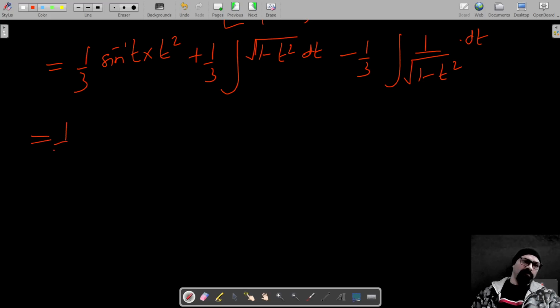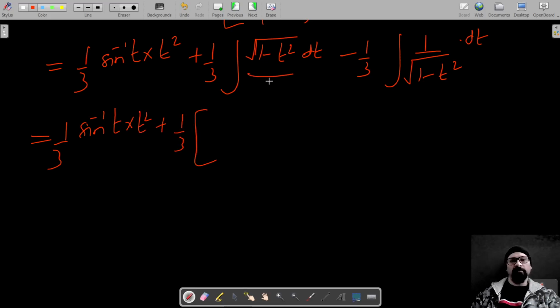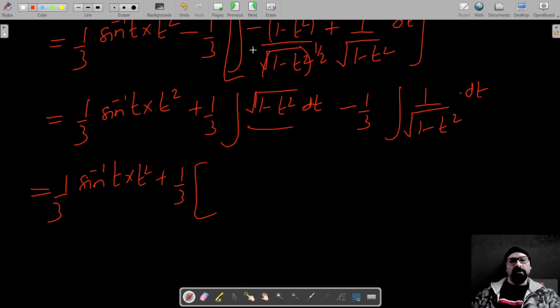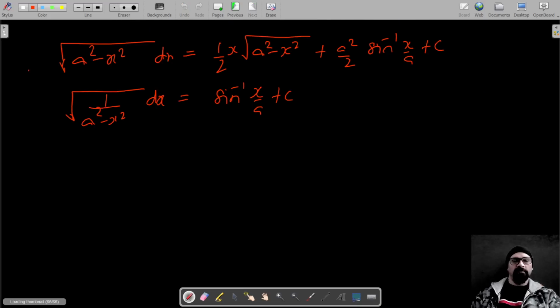Okay, so this is now 1 by 3 into sine inverse t into t square plus 1 by 3. And for this, we are going to use the formula under root a square minus x square. So this is the formula. We are going to use this, which gives us half into x.